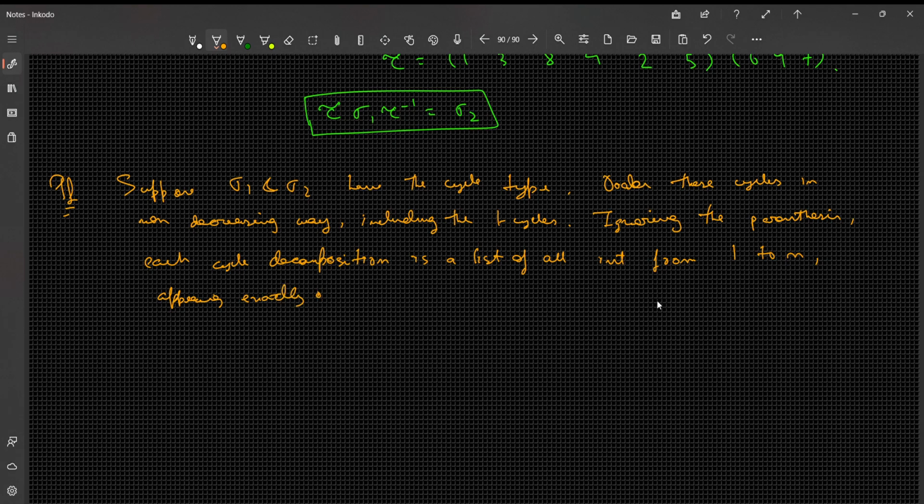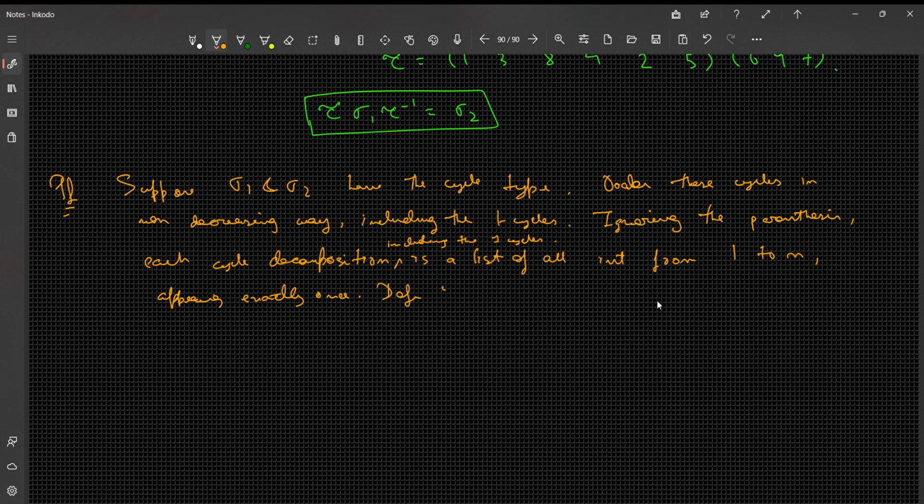So each cycle decomposition, including the 1 cycles, appears exactly once.